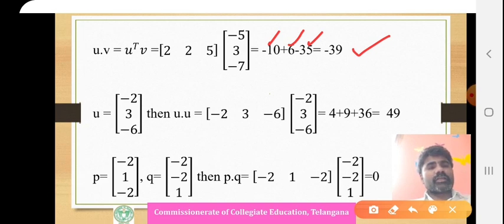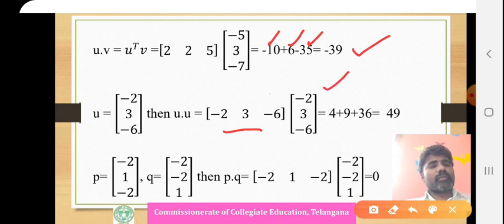Let us take one more example. u equals minus 2, 3, minus 6. Then I can find u dot u, the inner product of u with itself, which equals u transpose u. u transpose is a row vector and u is a column vector.